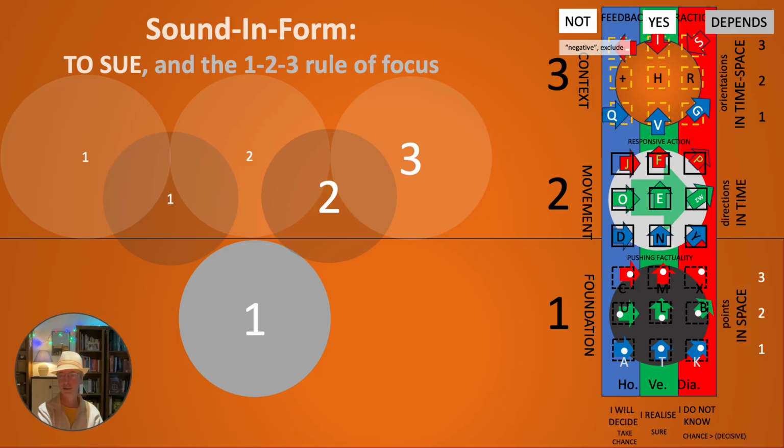In that feedback system, it concludes in the sum of all the feedbacks and so on. So it really depends on so many circumstances that when you reach the S, it will be quite difficult to predict it. You will not be able to predict it, but you can follow it. So there is the I do not know factor there, with a certain aspect of chance, which will be your decisive factor in the end.